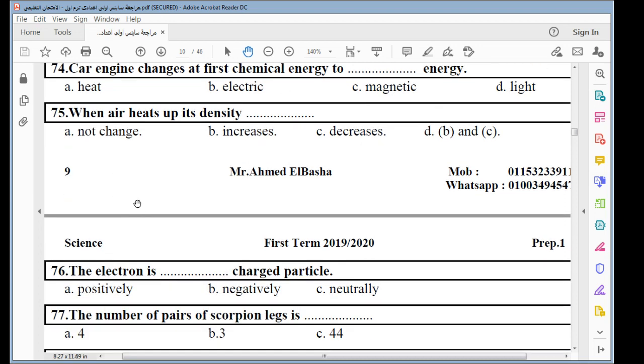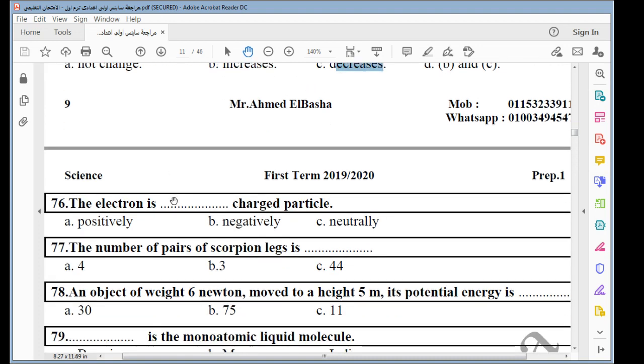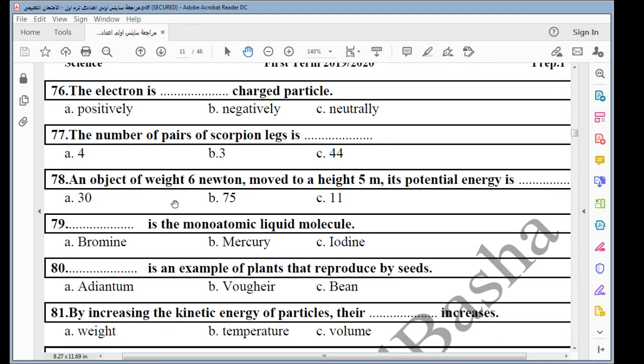75. When air heats up its density decreases. 76. The electron is a space charged particle, negatively charged.